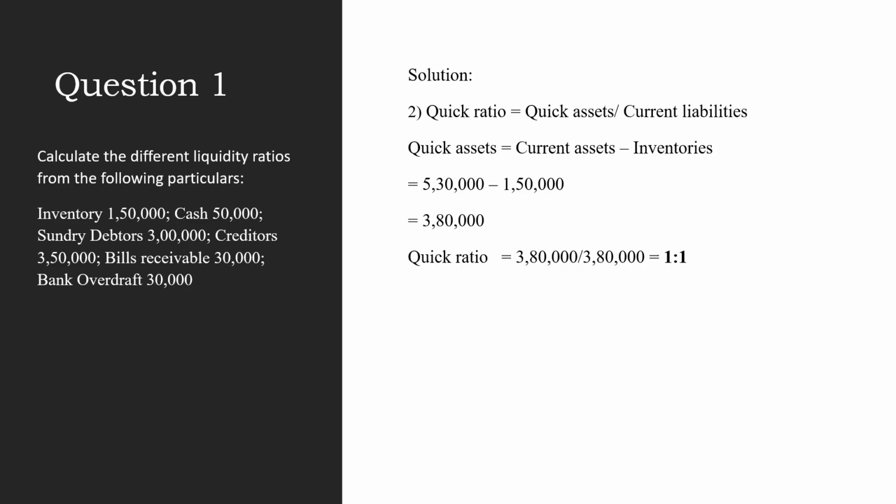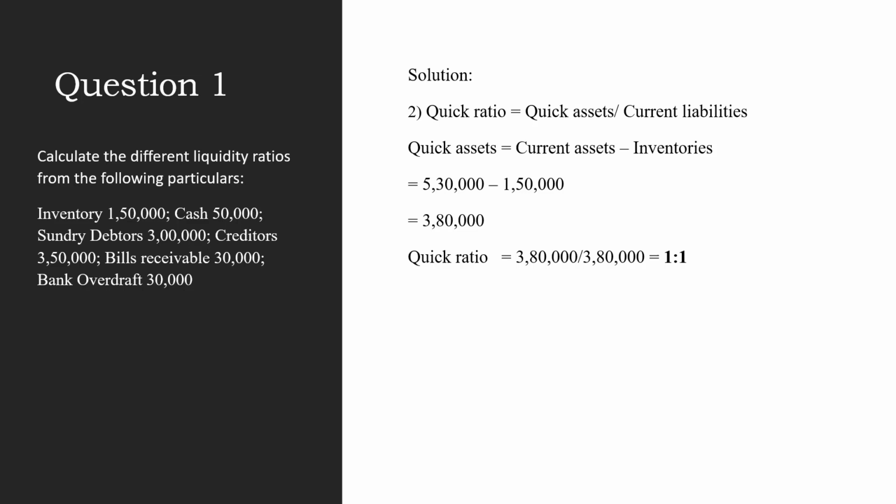Now if you don't have money to pay off that loan, you will not be paying that money, right? So if you have to pay that 30,000 loan, you need to have something in your hand, right? So suppose you have 40,000 rupees in your hand, then it will be possible for you to pay off the loan of 30,000 rupees, right?